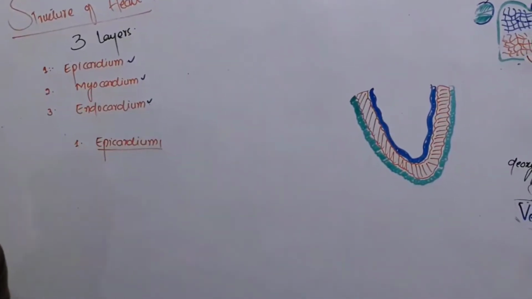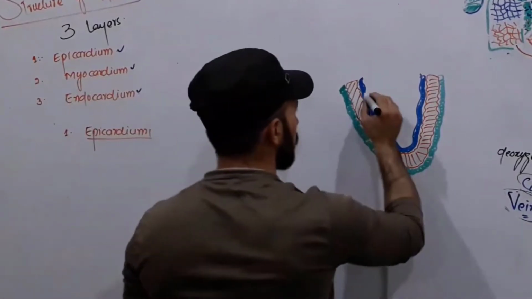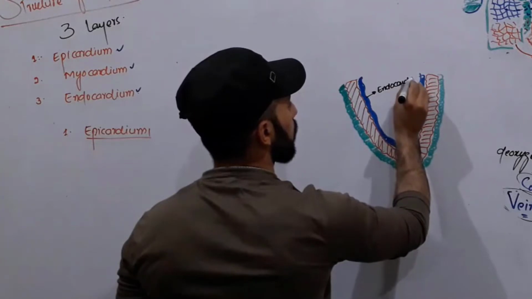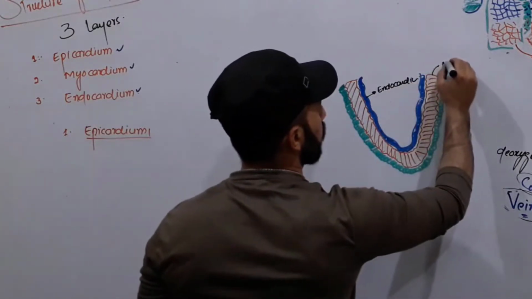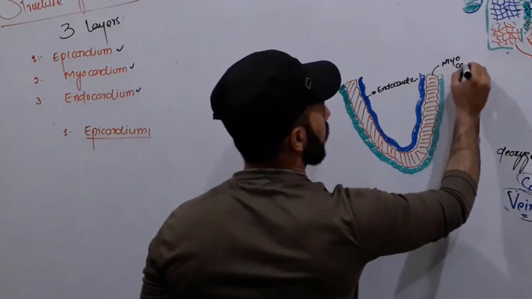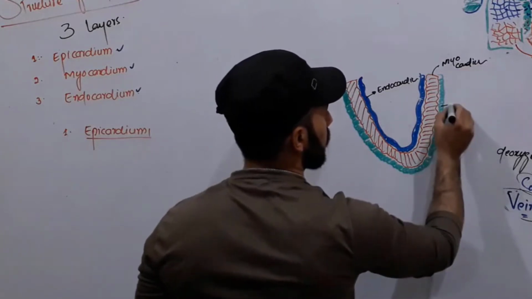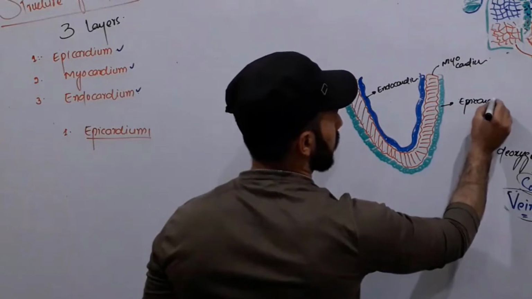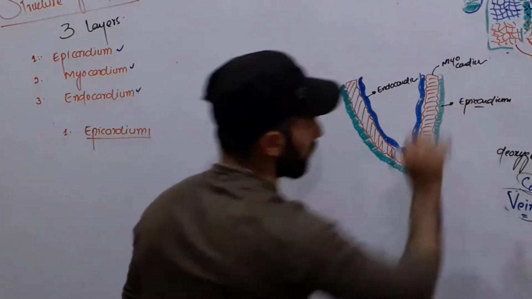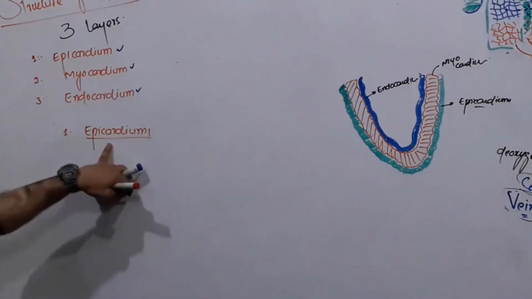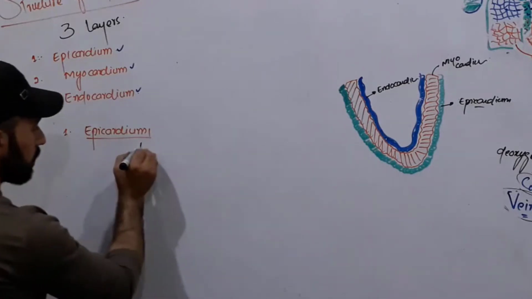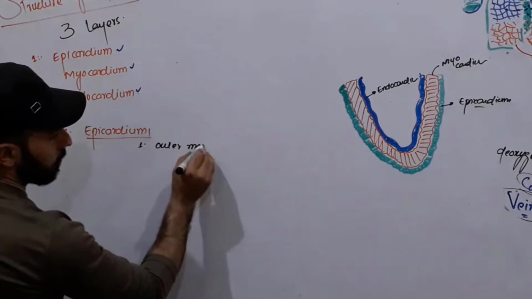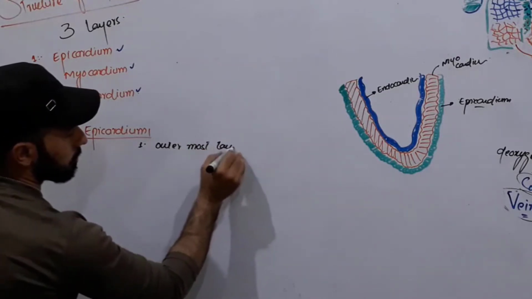So these three layers are the layers of the heart. This inner one is the endocardium, this one is myocardium, and this one is epicardium. What is epicardium? It is the outermost layer.